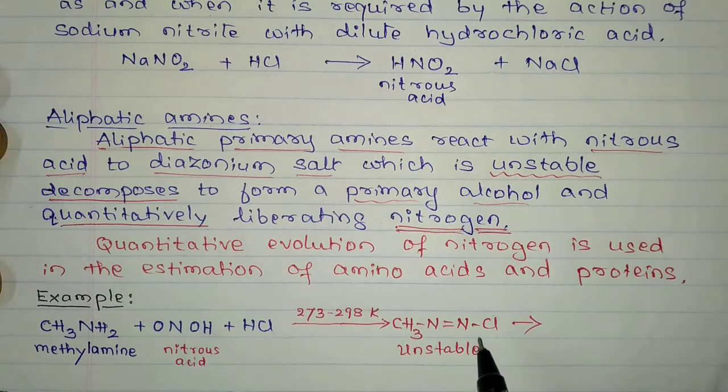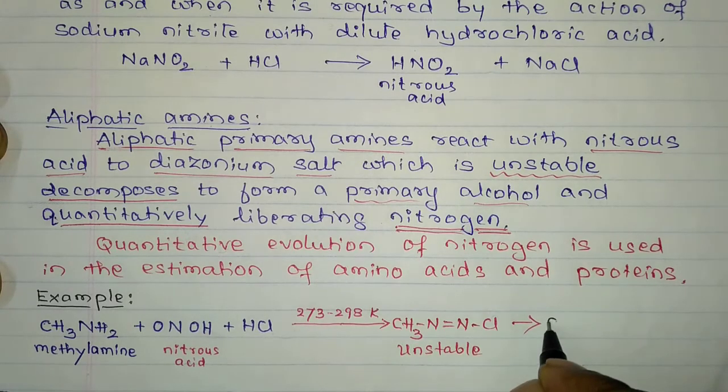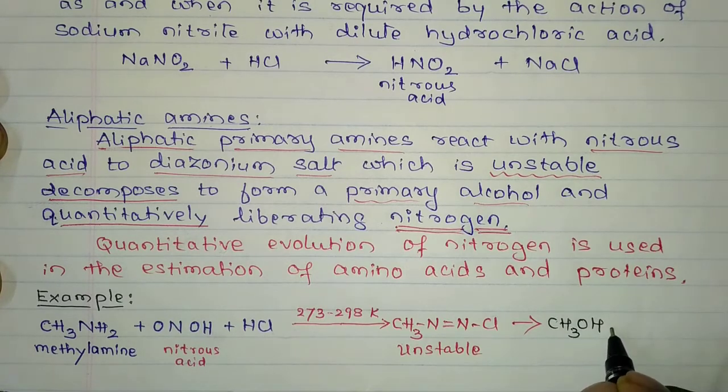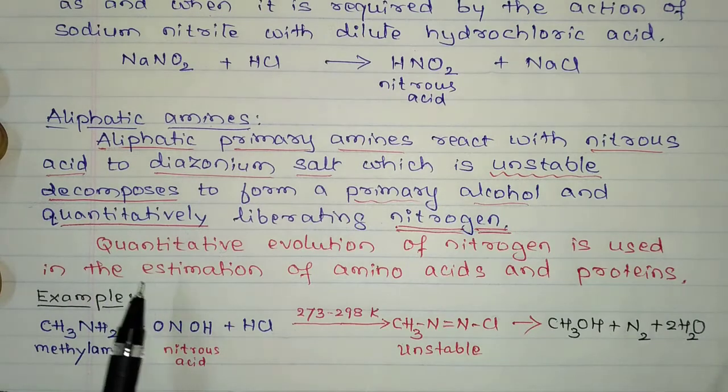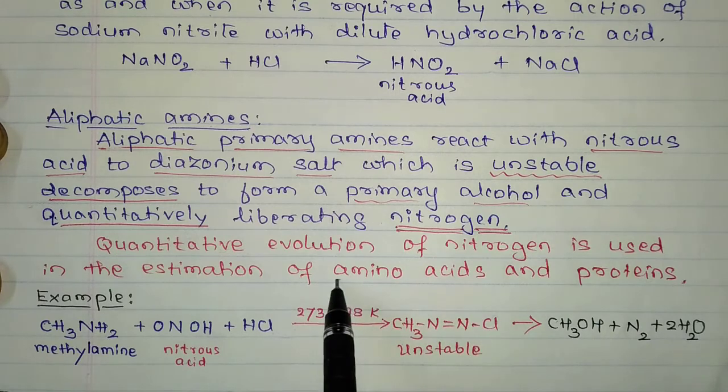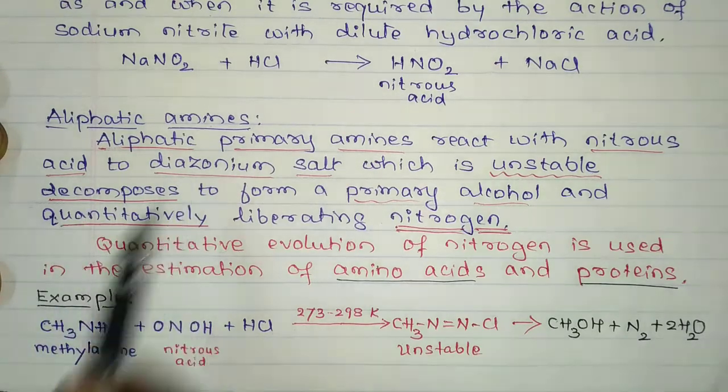It gives methyl alcohol, CH3OH, and quantitatively liberates nitrogen gas. Hence, the quantitative liberation of nitrogen gas is used in the estimation of amino acids as well as proteins. This is an example of the reaction of nitrous acid with aliphatic amines.